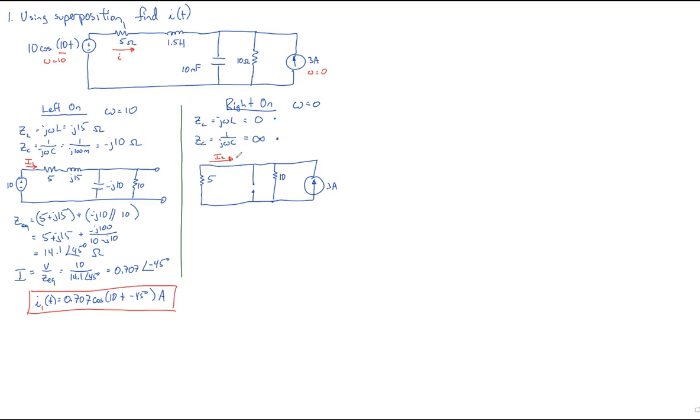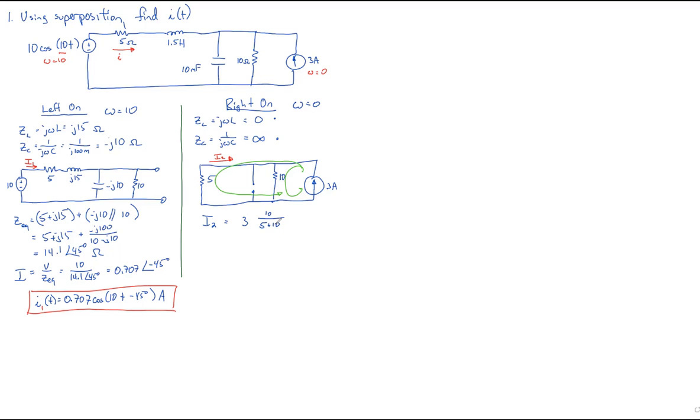So I look at this circuit and I see current flowing through this loop, and I also see current flowing through that loop. So one current source with two resistors in series tells me it's a current divider. So therefore I2 would be equal to the source times the other one in the numerator over the sum.